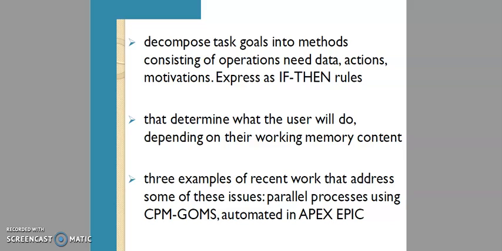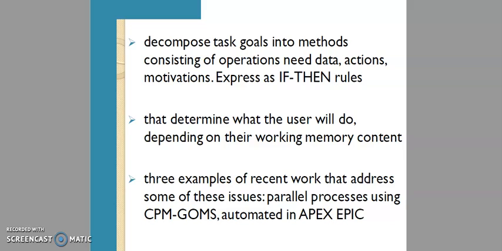Decompose task goals into methods consisting of operations, need, data, actions and motives. Already we took one example of HCI textbooks. Express as if-then rules that determine what the user will do depending on their working memory content.